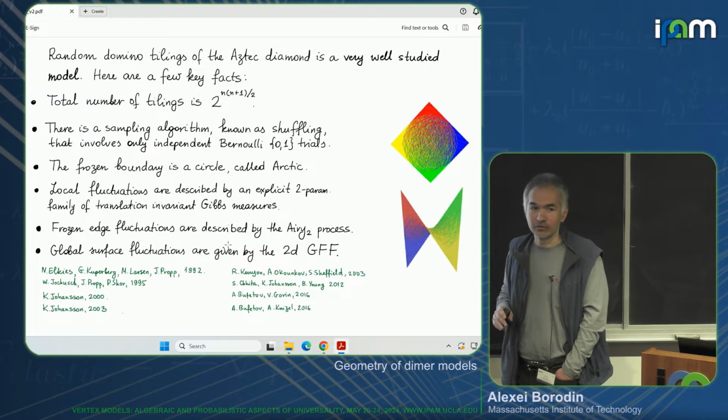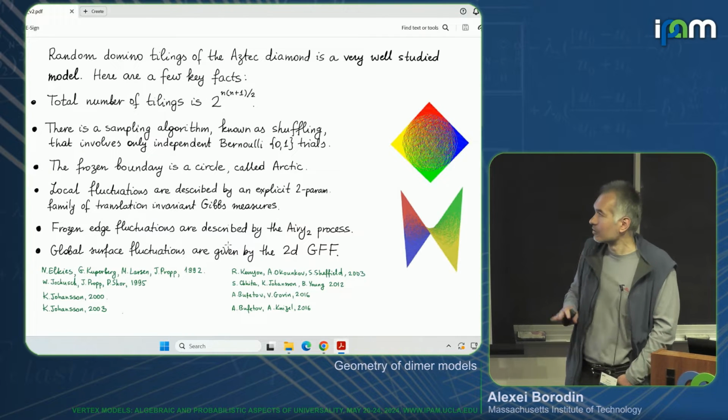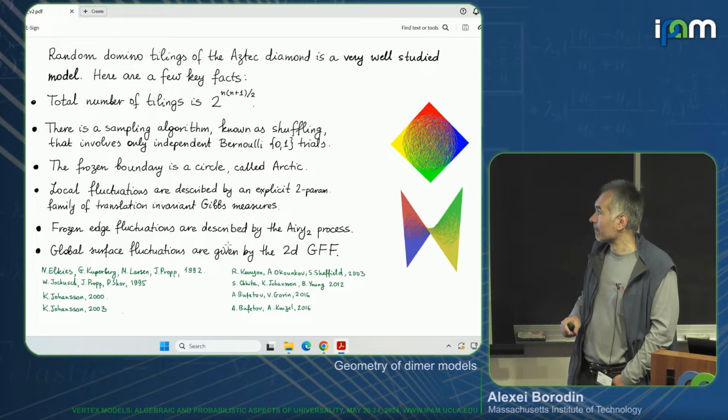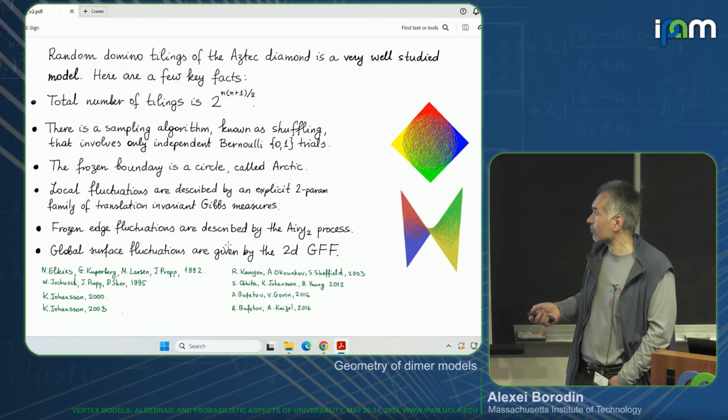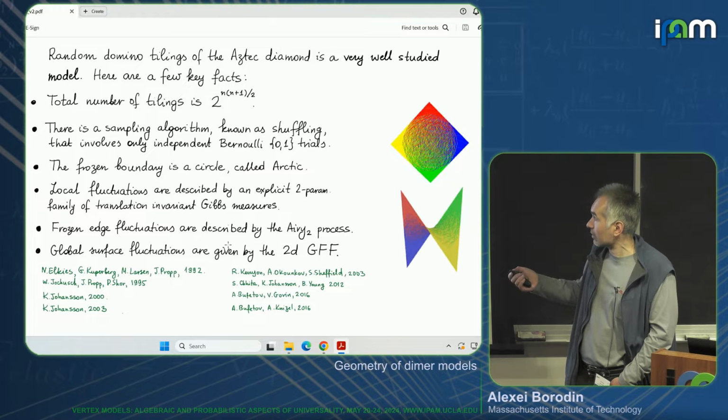They're known as translation invariant Gibbs measures. So they were classified, and they were proven to arise inside the Aztec diamond, and again, Rick played a big role in this development.